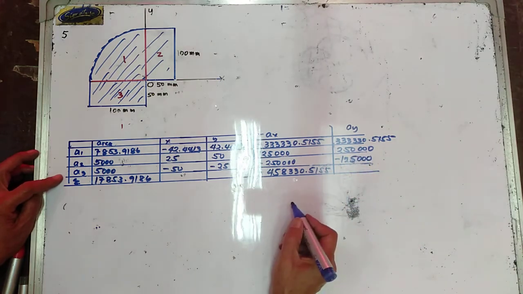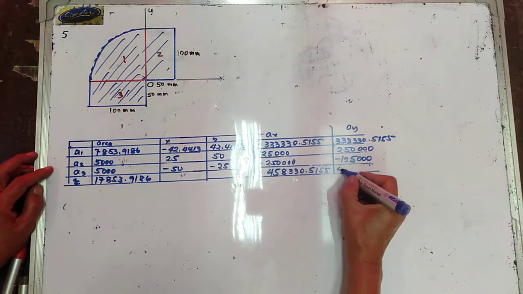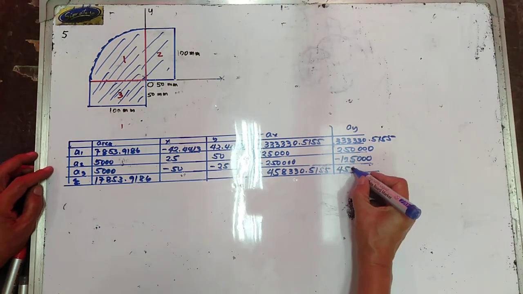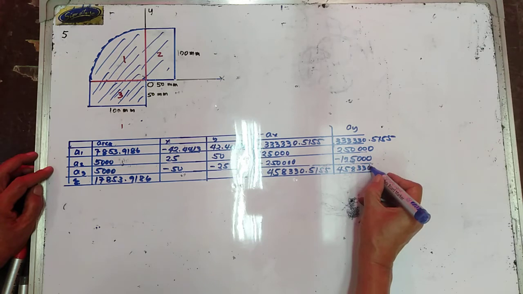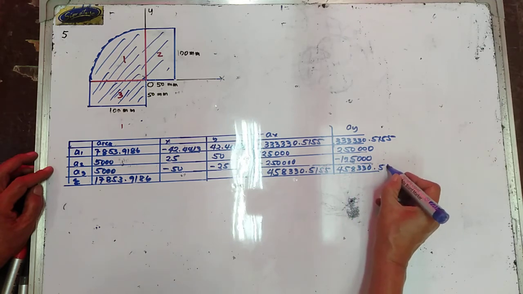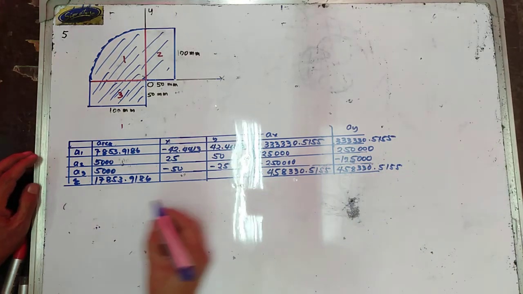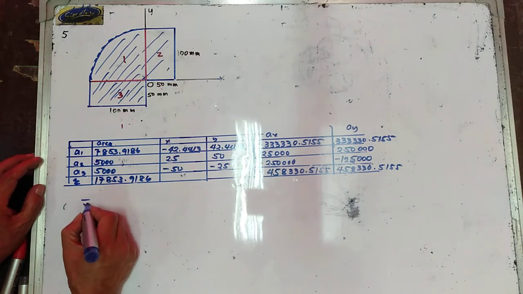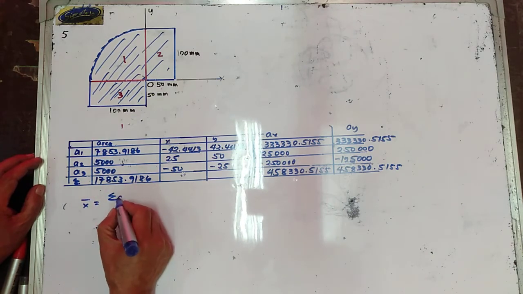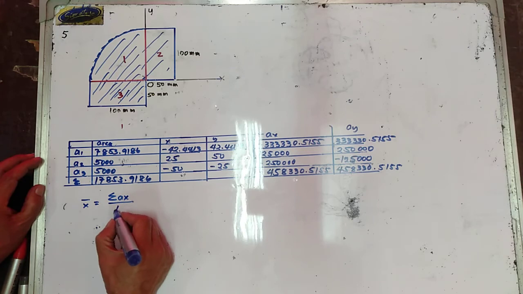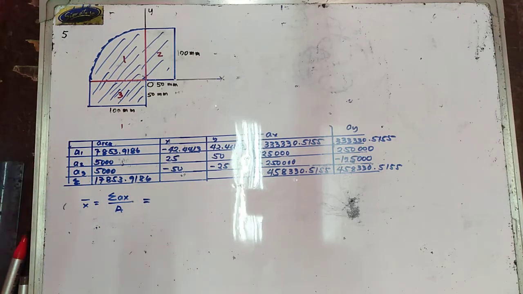Okay, so this summation is equal to 458,330.5155. So that your bar x now is summation AX all over the total area.